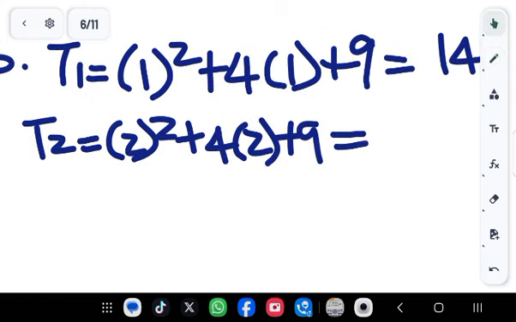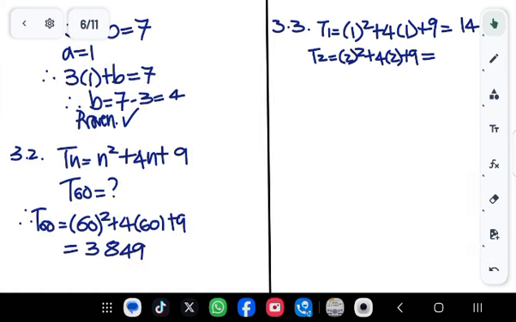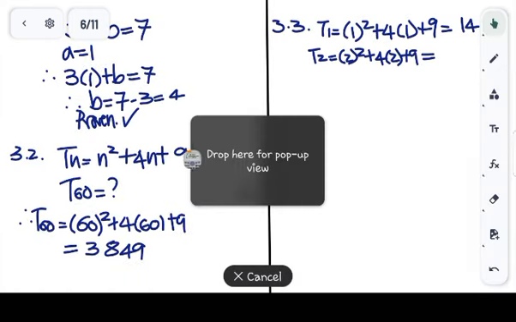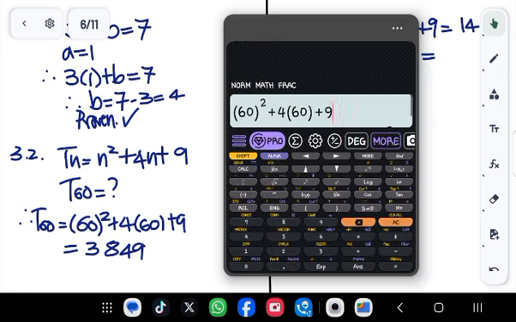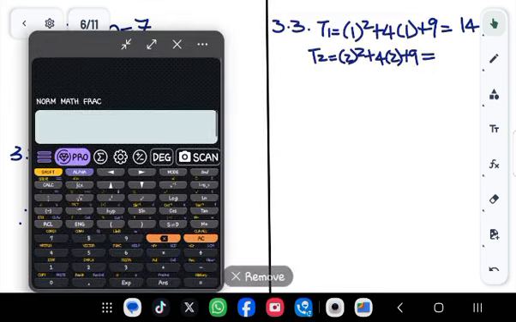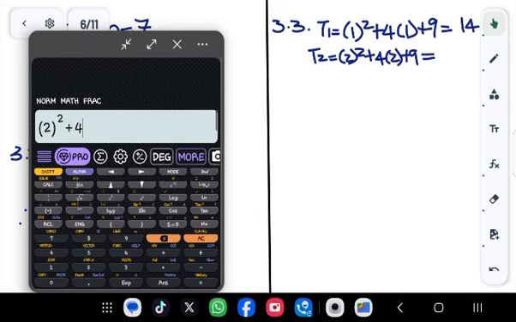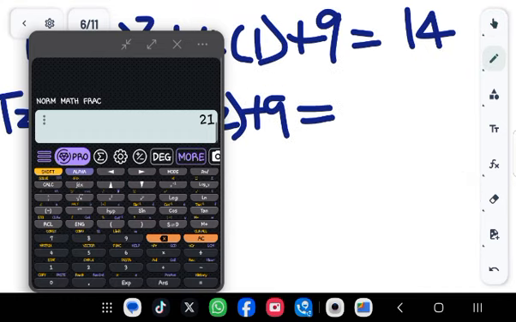Let me use a calculator just to make sure we don't make those silly mistakes. That gives us 21.